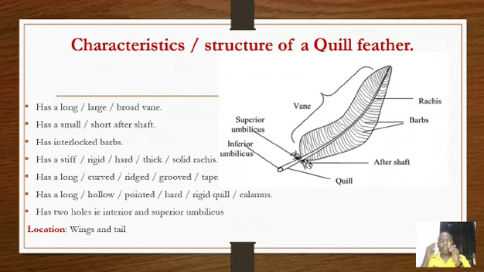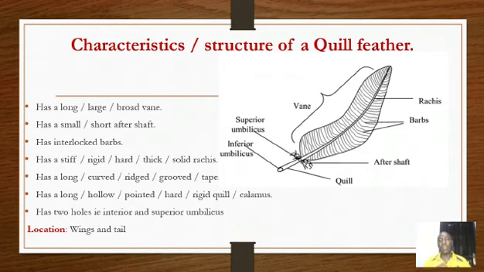In other words, it becomes narrow towards the tip. We call that one the rachis. However, attached to the rachis are barbs. The barbs, meaning the vein is made up of the rachis and barbs.